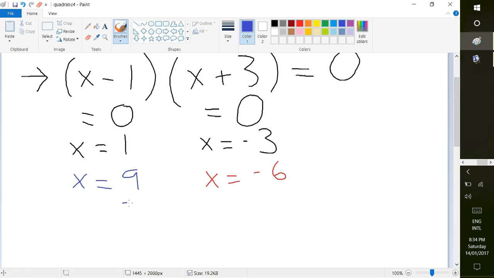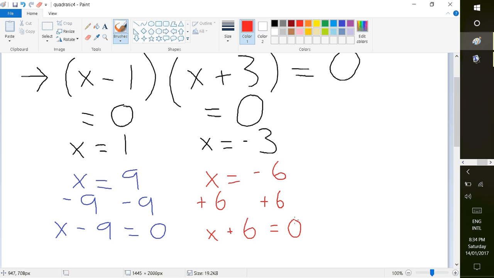So what about if we take away 9 from each side of this equation? We get x minus 9 equals 0. And similarly for this equation, we add 6 to both sides, which gives us x plus 6 equals 0.